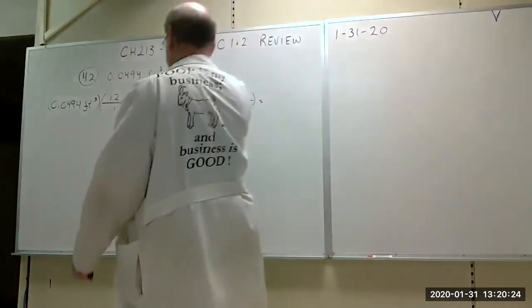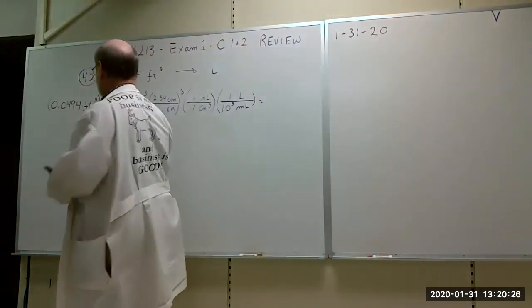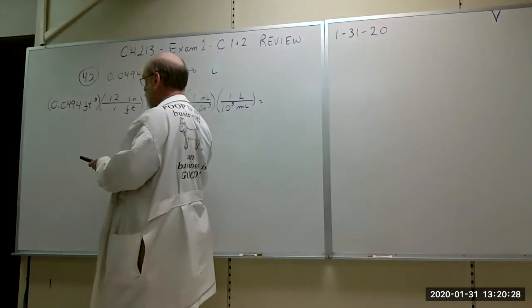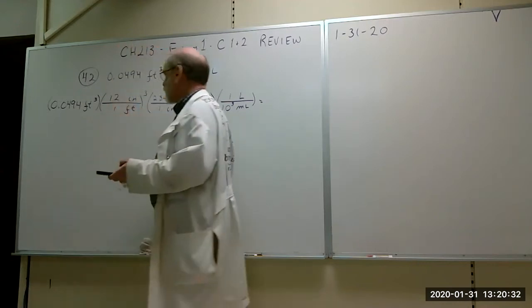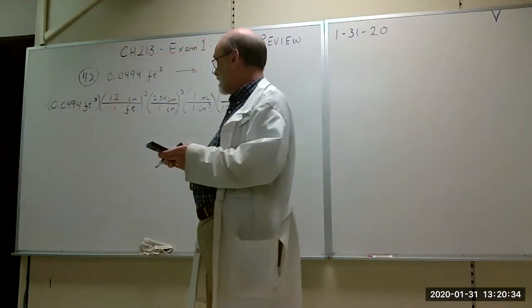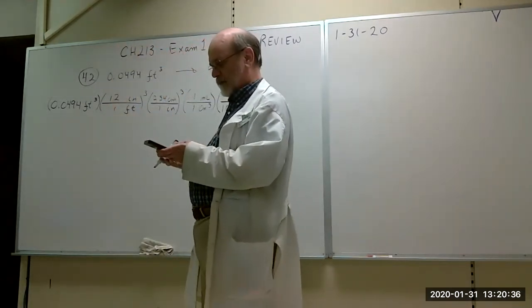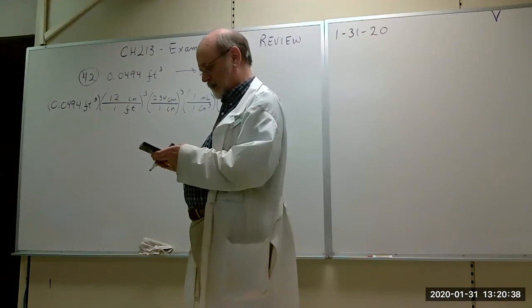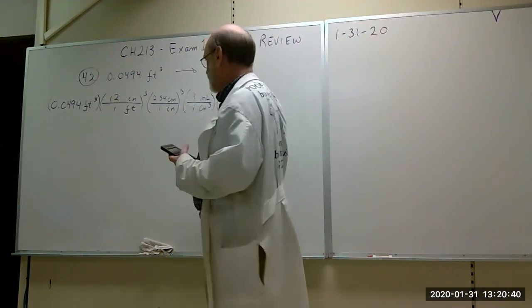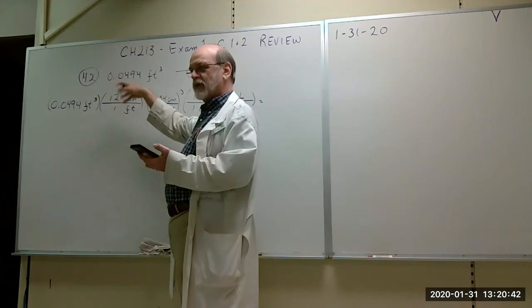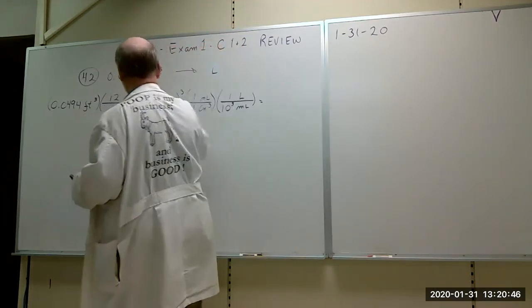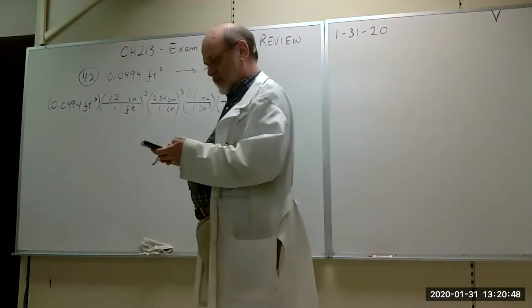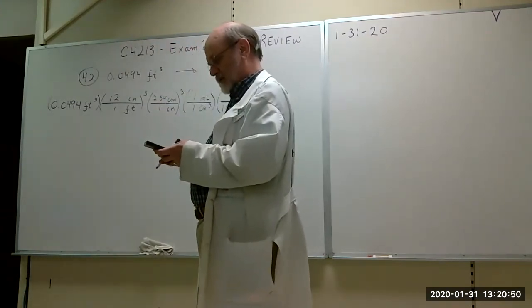All right. So start off with 0.0494 times 12 cubed. So I'm going to keep it simple. I just multiplied 12 times 12 times 12 there instead of trying to do the cube. And then 2.54 cubed.